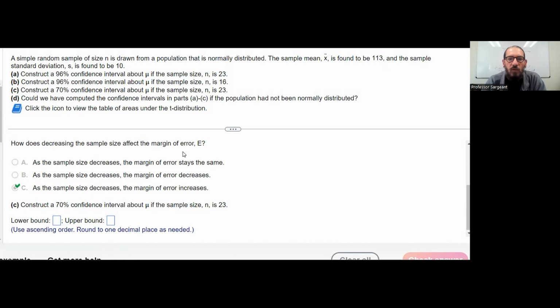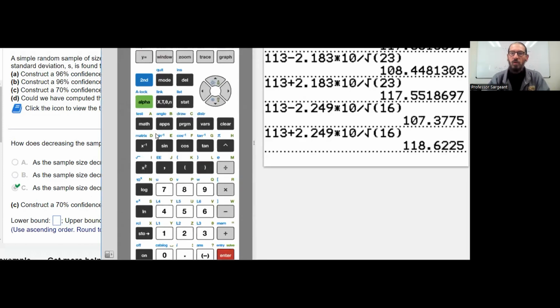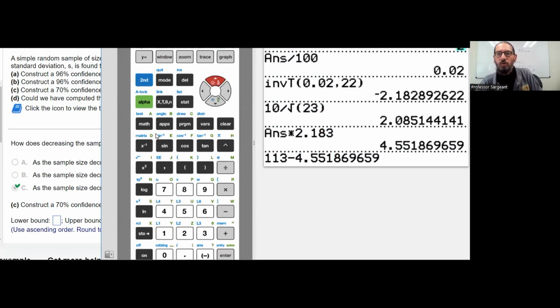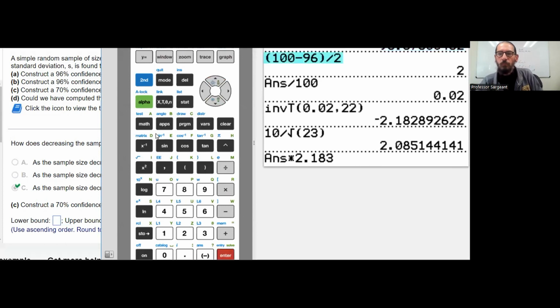Construct a 70% confidence interval. We're back to 23 for the sample size. So I get to look in the same column, the same row, 22 degrees of freedom. But I have a different confidence level. That's 70. So I'm going to take that away from 100 and divide by 2.